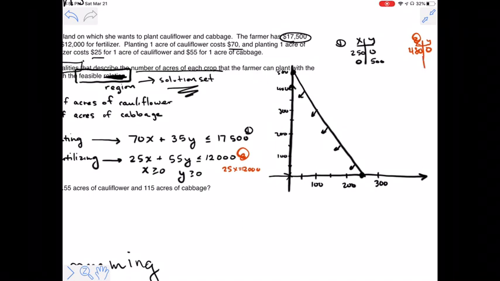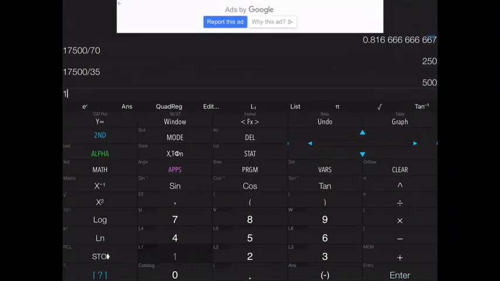And then if I want to find the y-intercept, I let x equal 0. So if x equals 0 there, then I have 55y equals 12,000. So 12,000 divided by 55 equals about 218.2.